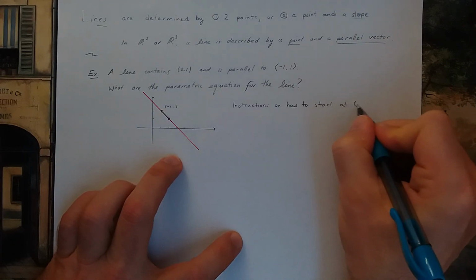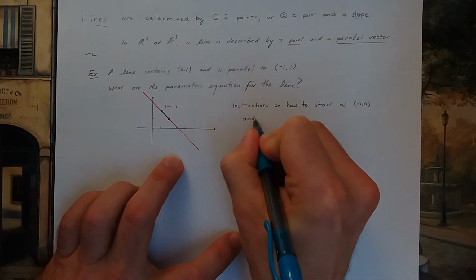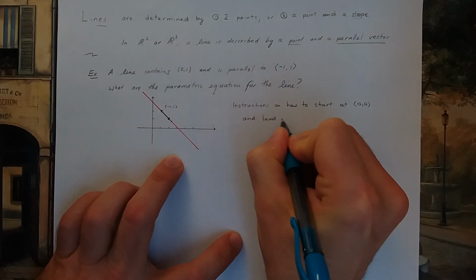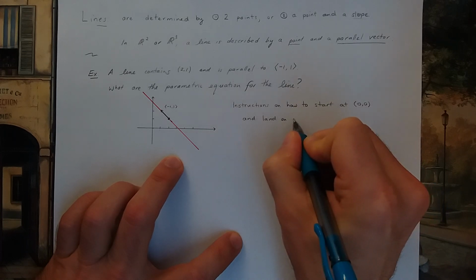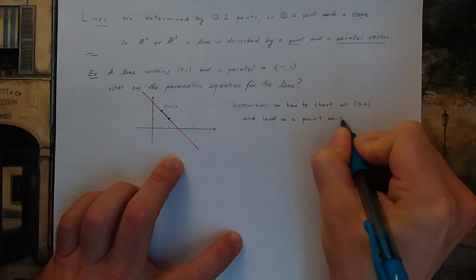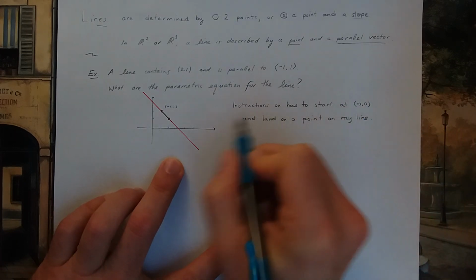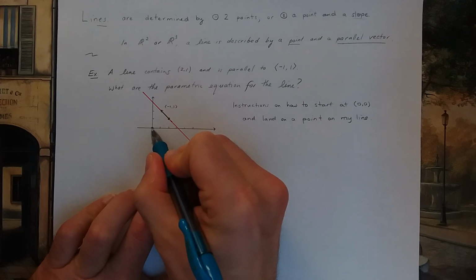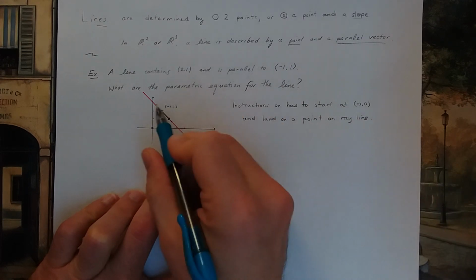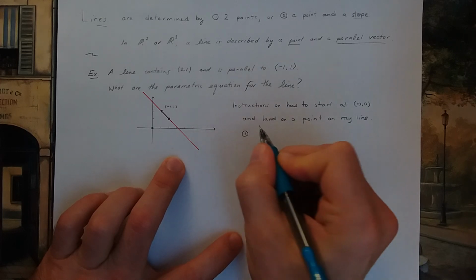I'm going to start at 0, 0 and land on an arbitrary point on my line. So I'm going to give you a way to start at 0, 0 and land somewhere on the red line. The instructions are going to come in two pieces.